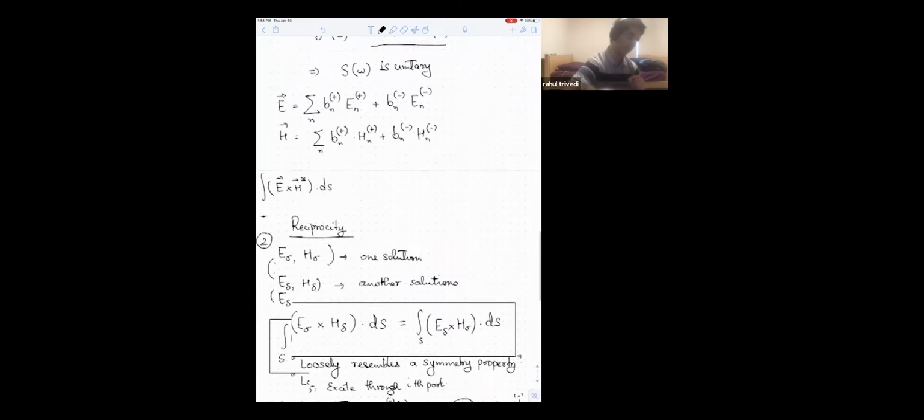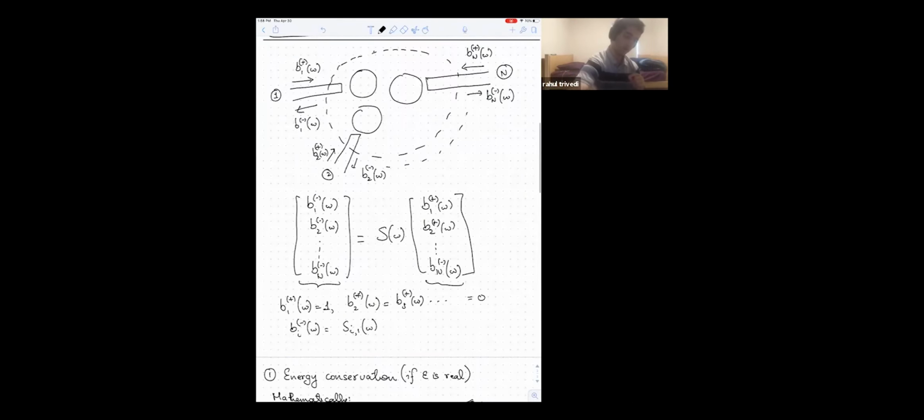The amplitude of each of these backward propagating modes will be equal to an element of the scattering matrix. Your B plus here we are choosing this vector to be 0, 0, 0, 1 at the ith position, 0, 0, 0. If you multiply the scattering matrix, you're just going to access the ith column.